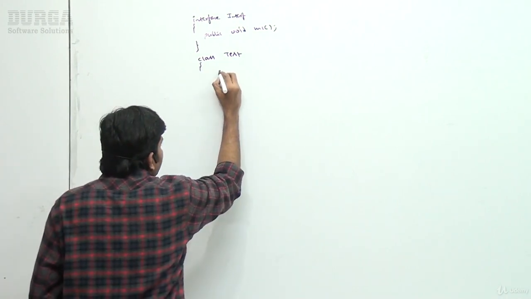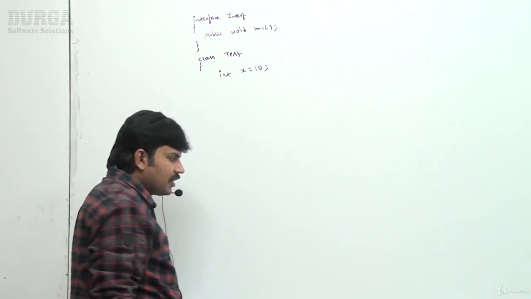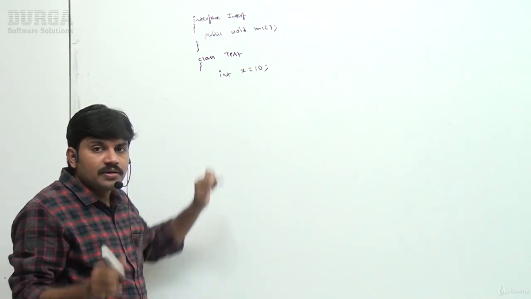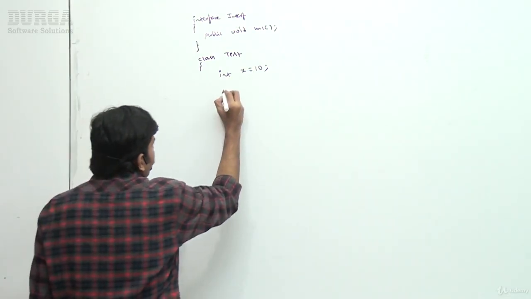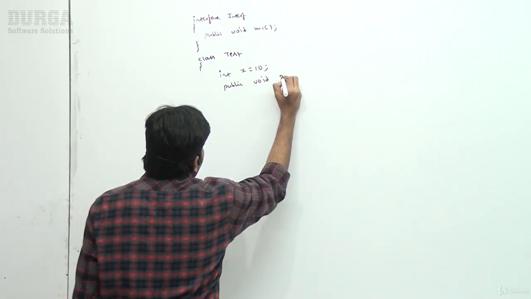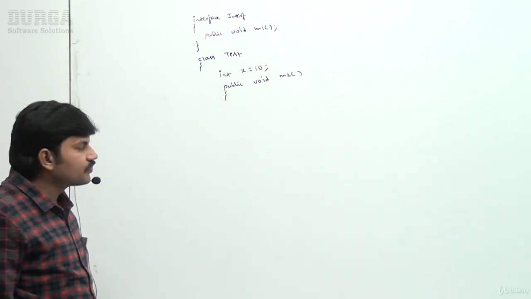Within this Test class, I am declaring a variable int x = 10. Can you spell out what this variable is? It is an instance variable of the Test class. Now I am taking a public void m2 method inside the Test class.